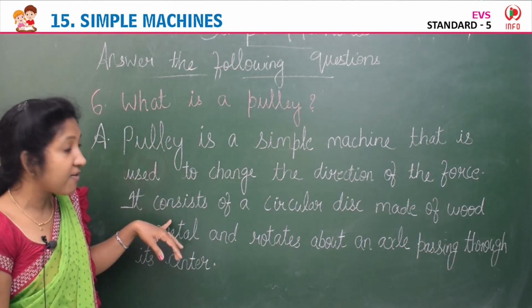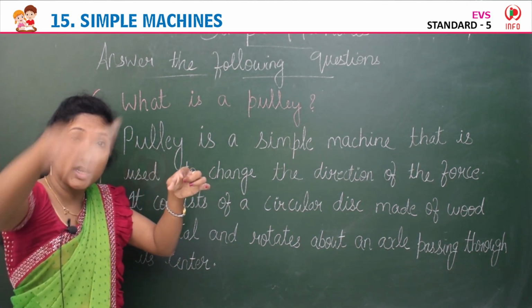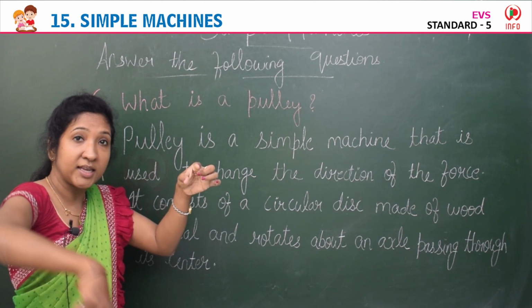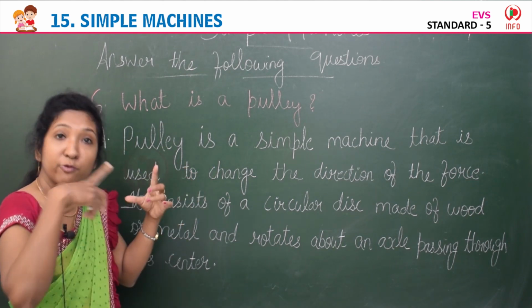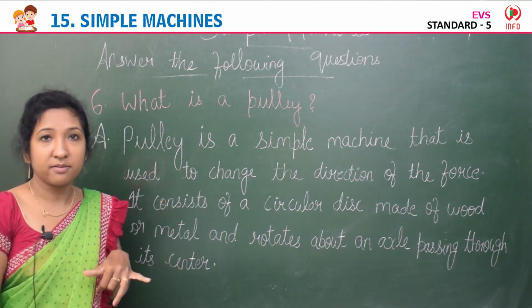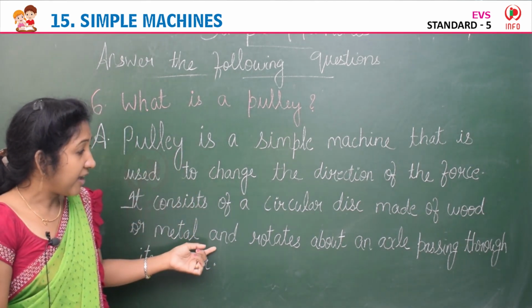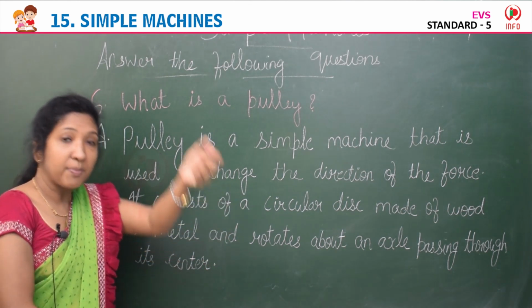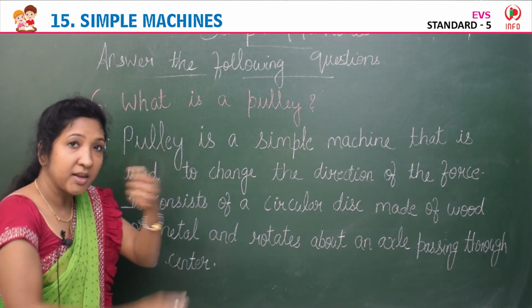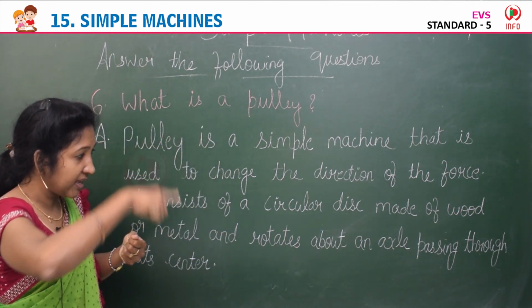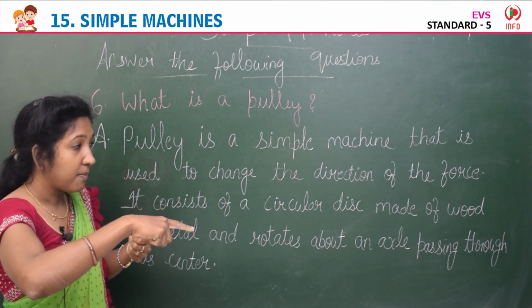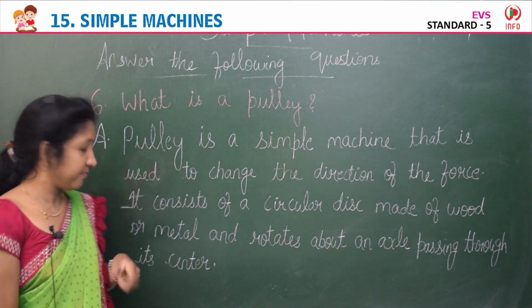It consists of a circular disc, in the picture, made of wood or metal. With metal or wood, we can make that circular disc, and it rotates. When we are applying force, what is happening? It is rotating about an axle passing through its center.